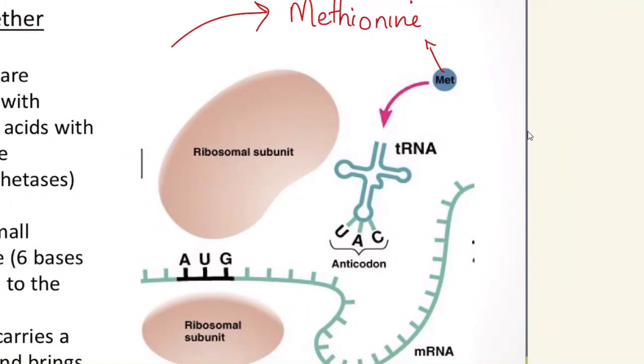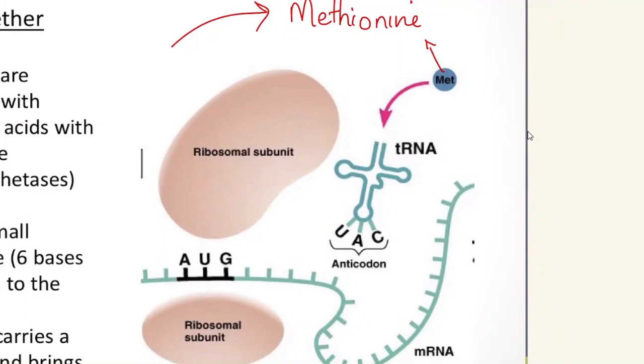That is, in your body when protein synthesis happens and translation begins, the first tRNA will always have methionine at the top. And another fixed rule, the first anticodon will always be UAC and the first codon will always be AUG.